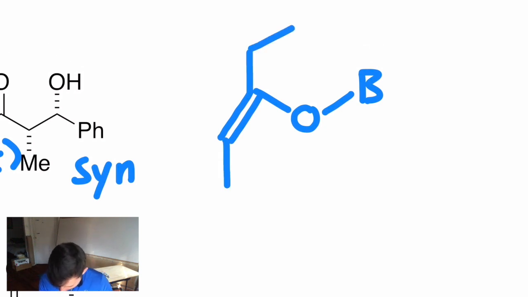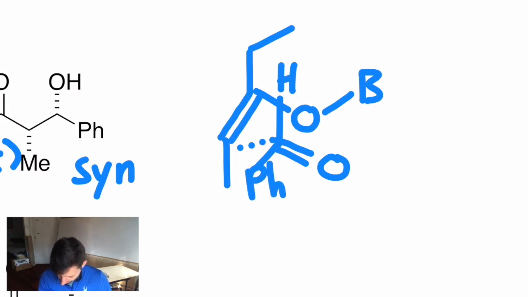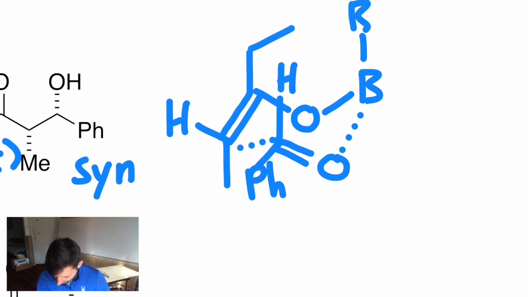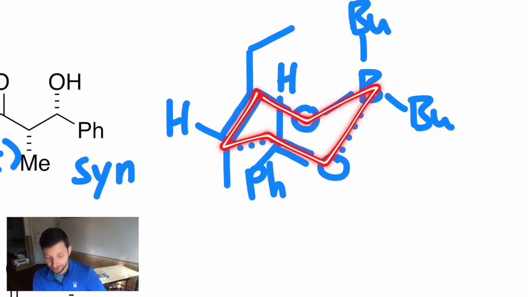And then it will start to form a bond with the aldehyde, which I'm going to draw with the hydrogen and the phenyl. And I'll fill in that H as well. There's a new bond that's about to form between the oxygen and the boron, and we have our butyl groups. This is, I hope you can tell, a chair transition state for that reaction.